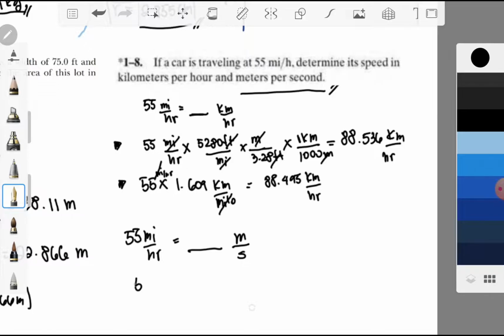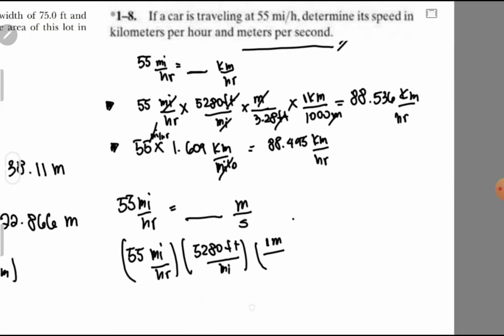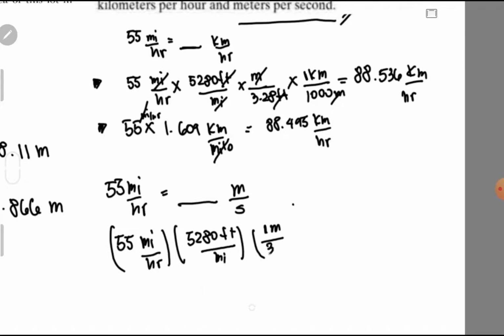Like our previous procedure, 55 miles per hour multiplied by 5,280 feet per mile, multiplied by 1 meter over 3.28 feet, multiplied by 1 hour divided by 3,600 seconds.